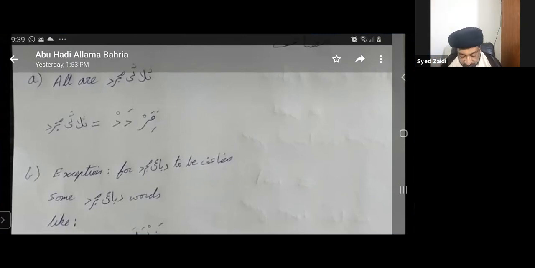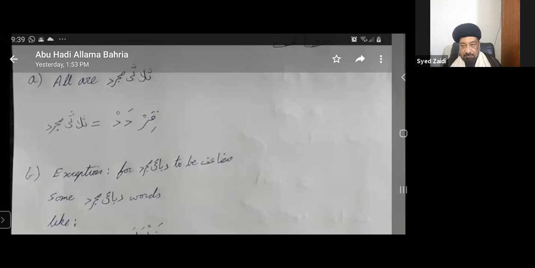Now, over here, you find a Rubai Mujarrad like the word zalzala, like when you read in the Qur'an: إِذَا زُلْزِلَتِ الْأَرْضُ زِلْزَالَهَا.